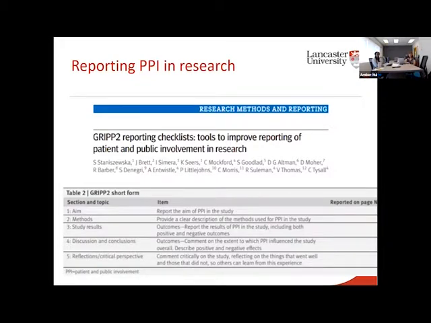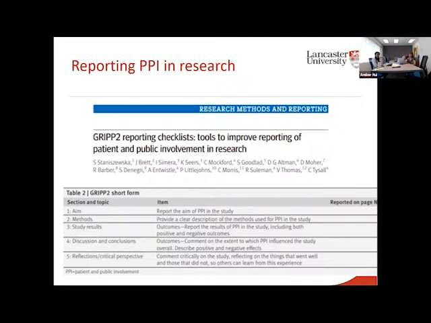Another area that I think is really important that we think about carefully, and I just wanted to flag these particular guidelines, is about how we report the public patient involvement that we're doing. The reason this is very important is that if we want to improve public patient involvement, then we need to understand exactly how it's being done.